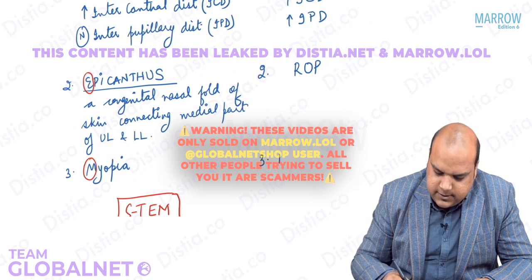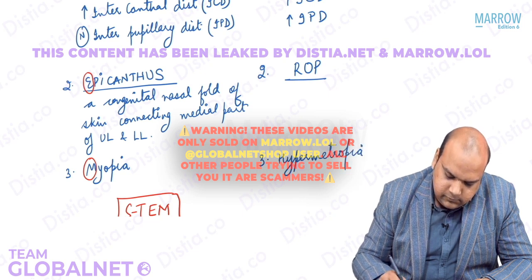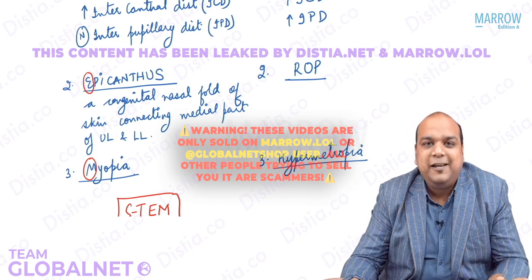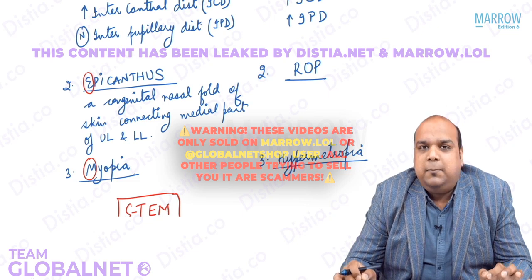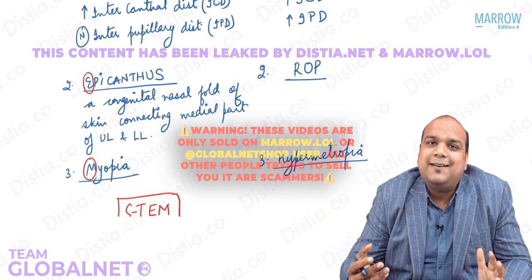And then the third cause is hypermetropia. These are the three causes, just mug them up, everybody. Yes? Now, once we have been able to complete this list, then what do we want to do? Then we want to be able to understand some of these.